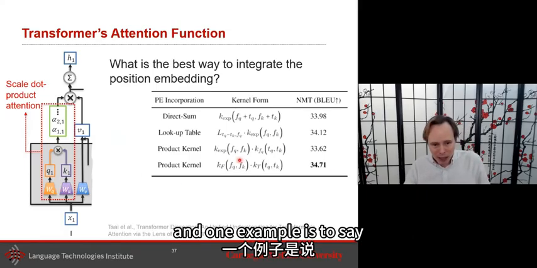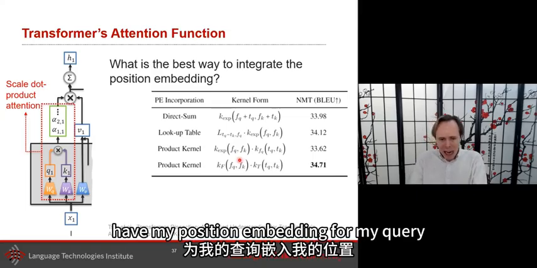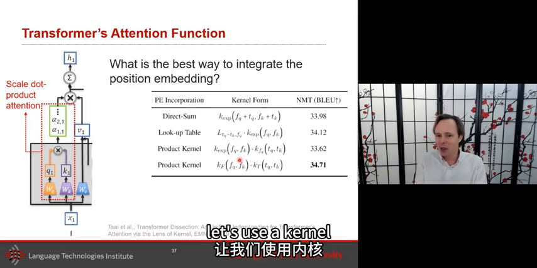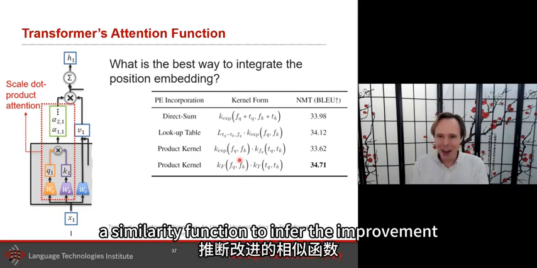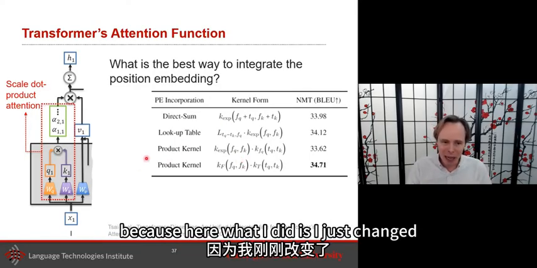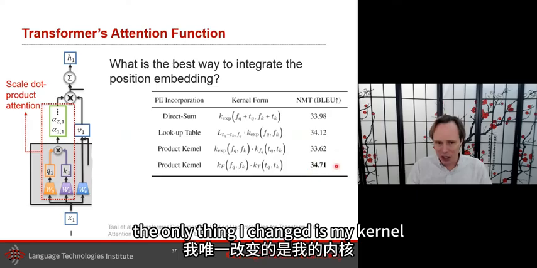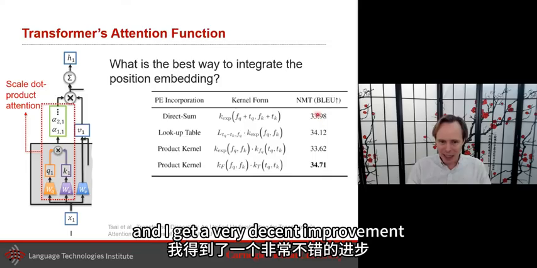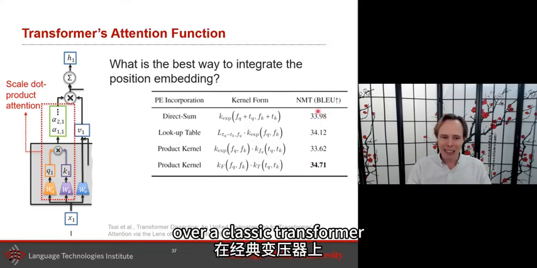One example is to say, I have my position embedding for my query and my position embedding for my key. Let's use a kernel, a similarity function, to infer the improvement. And that's really interesting because the only thing I changed is my kernel of the position embedding, and I get a very decent improvement over a classic transformer.